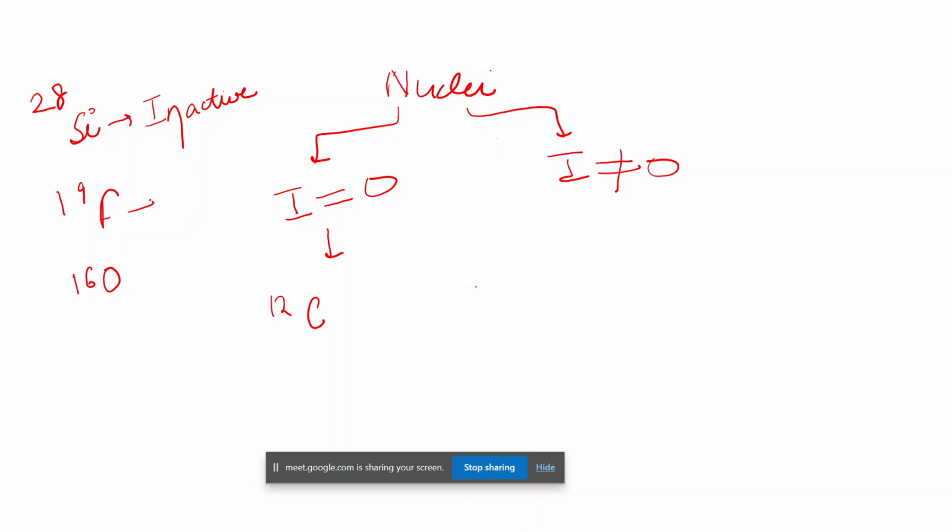For 19 fluorine, fluorine with mass number 19, it will be active. And 16 oxygen, oxygen with mass number 16, is inactive.